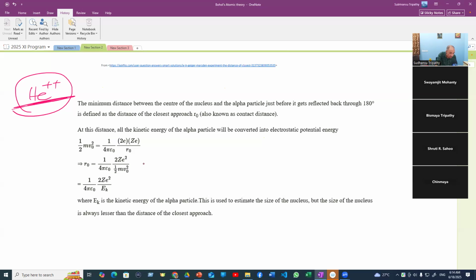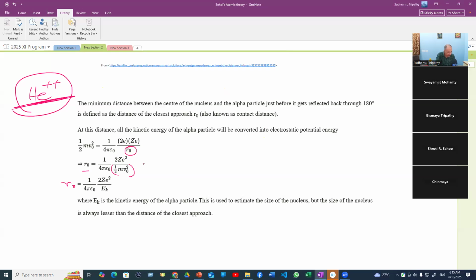So this R naught is the distance of closest approach. We bring it to one side and keep every other thing. So half mv squared remains. So it is R naught equals K, 1/4 pi epsilon naught, 2Ze square by the kinetic energy. So the more the kinetic energy, the less is the R naught.